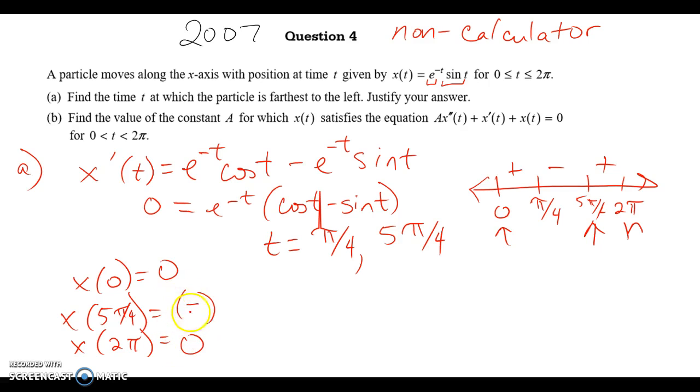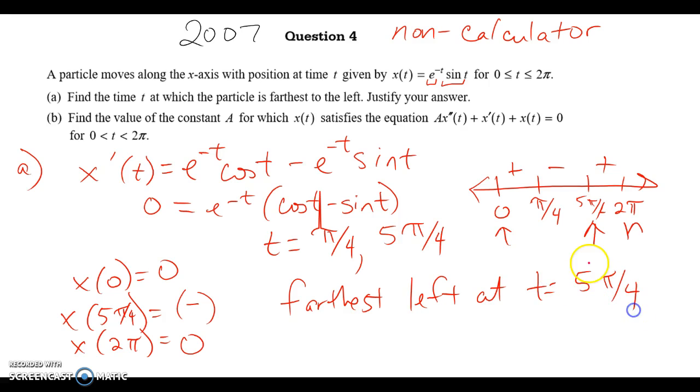We don't even actually have to know what the value is. So we know it's farthest left at t equals 5 pi over 4, because that is the minimum for x of t.